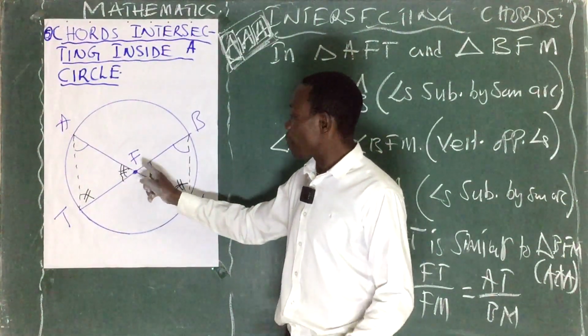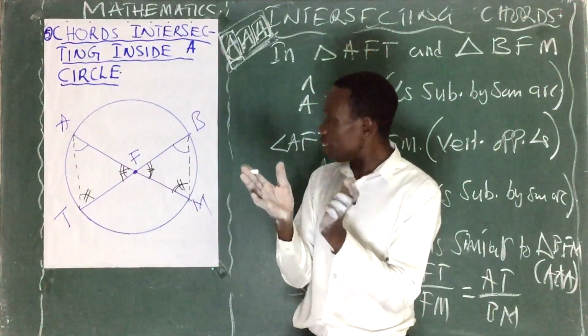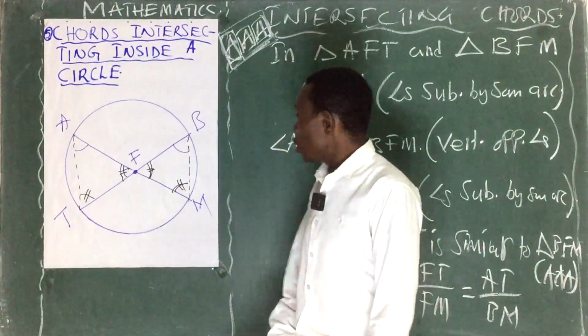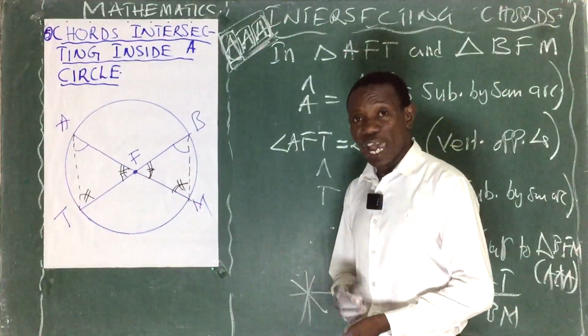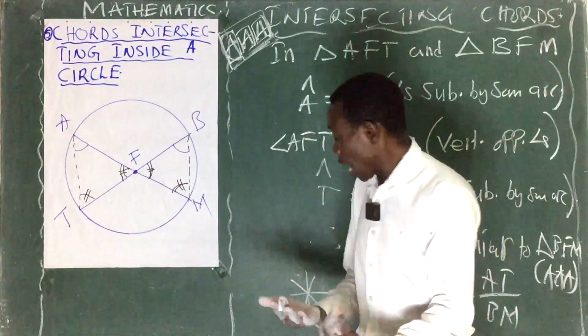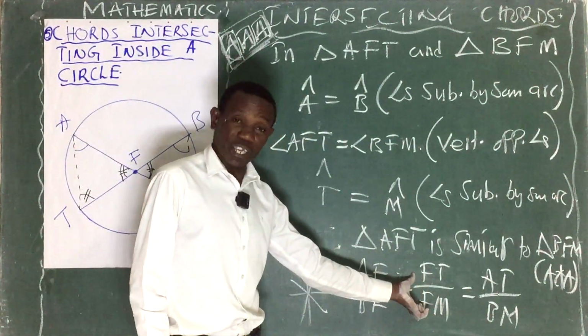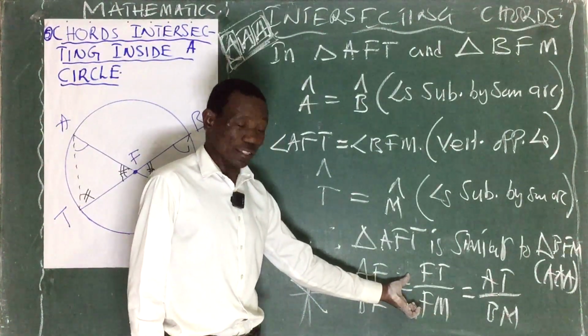So here it is a matter of realizing the relationship amongst the four parts of the two intersecting chords. How do they relate to each other? That relationship will come based on this knowledge about the ratios of the corresponding sides.